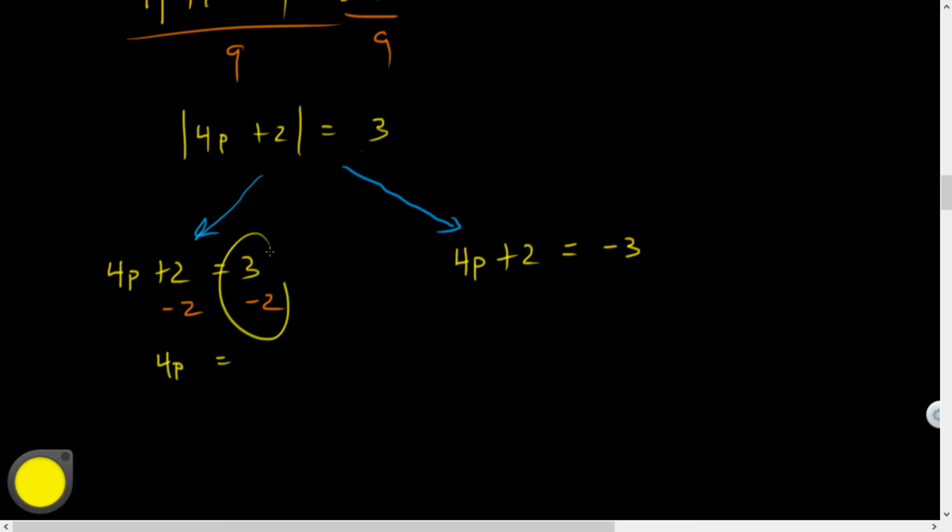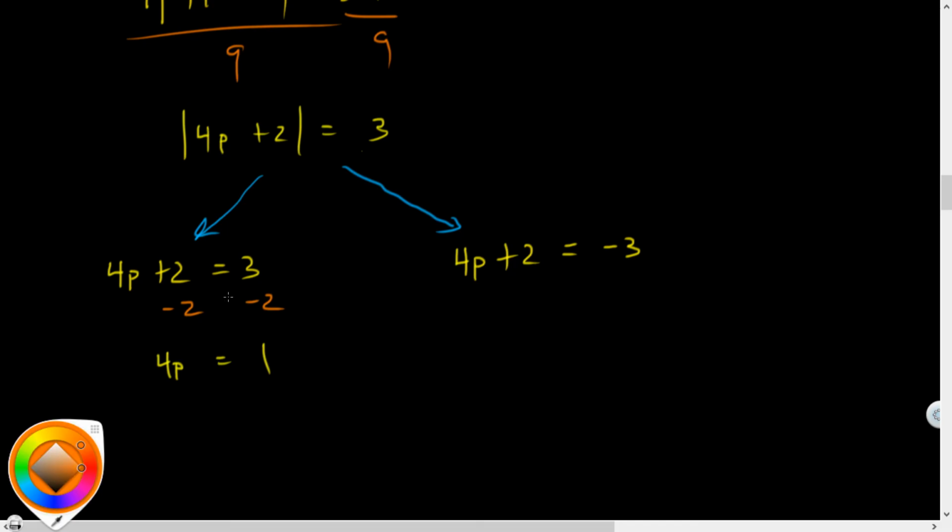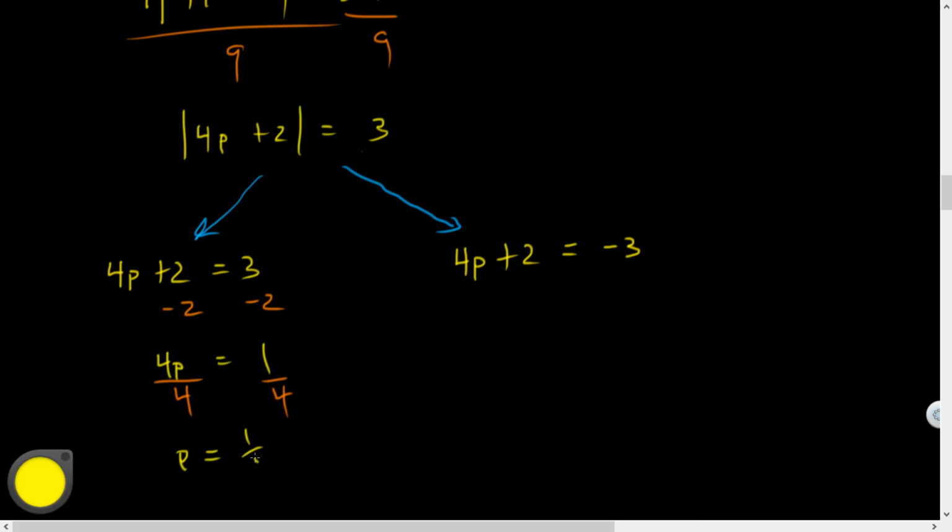Nope. Nope. And now I could divide by 4, and I'm cool with fractions showing up at the very end, because at least I don't have to deal with them. So p is equal to 1/4.